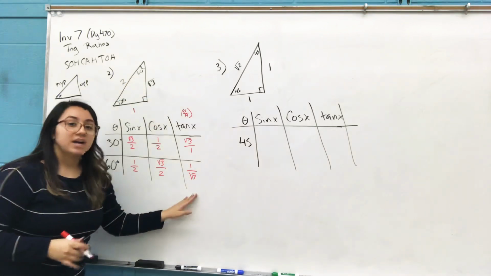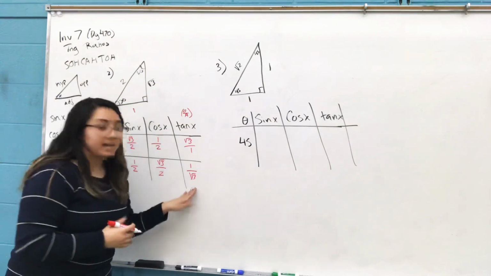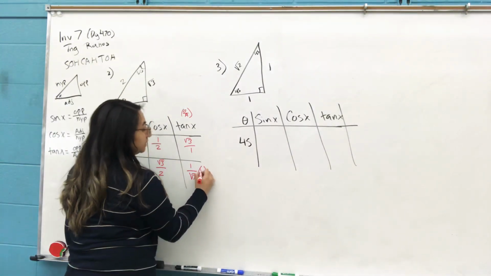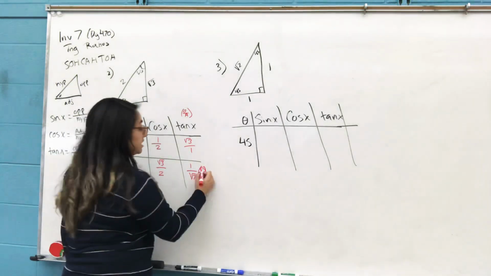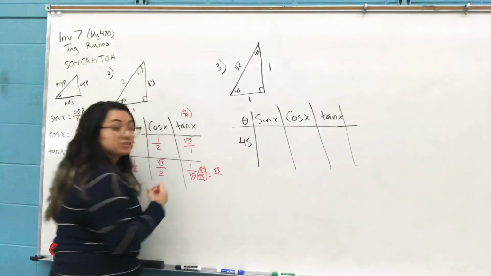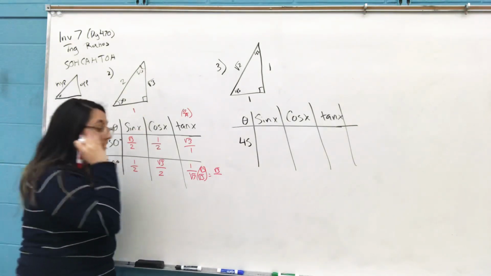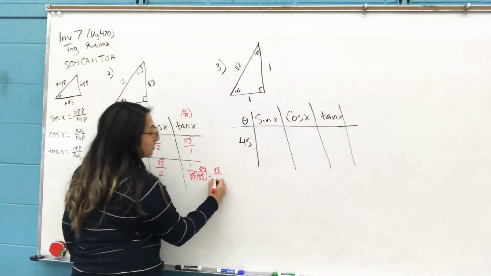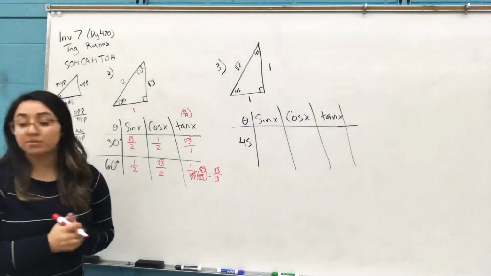But here we have to apply a different rule. We can't have a radical in the denominator. To get rid of it, you multiply numerator and denominator by that radical. 1 times radical 3 is radical 3. Radical 3 times radical 3 is square root of 9. You could think of it that way, or they cancel out and you end up with the whole number 3.